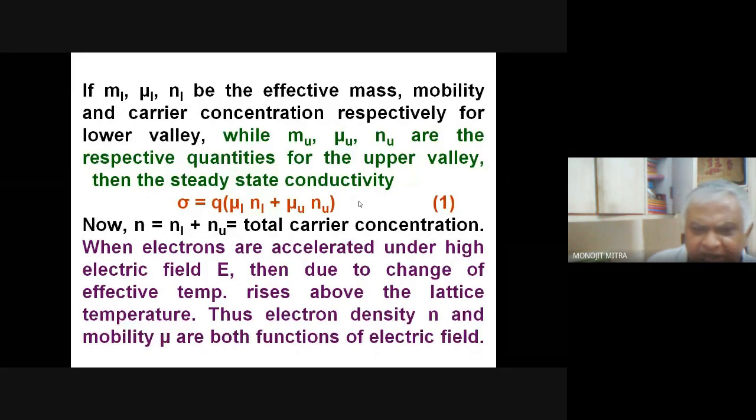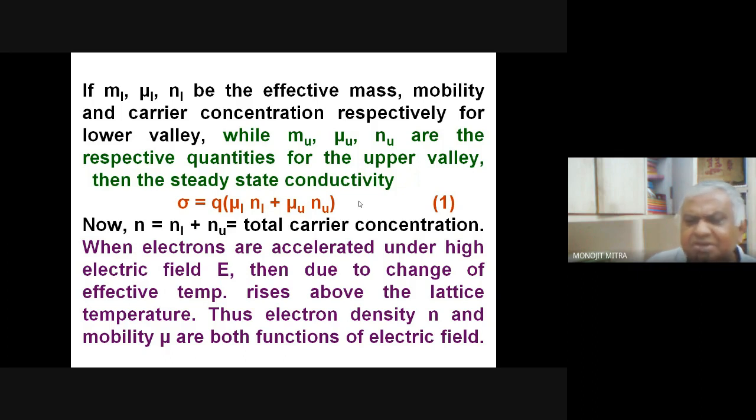So now what I was discussing is that when electrons are accelerated under a high electric field, that means now we are applying voltage and increasing it, so the voltage value or electric field value gradually becomes higher and higher. Then the effective temperature and the lattice temperature rise, because you know that when voltage increases, current flows, and then the temperature increases within the material.